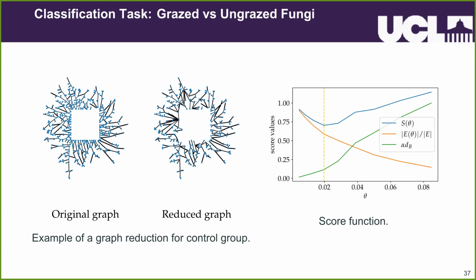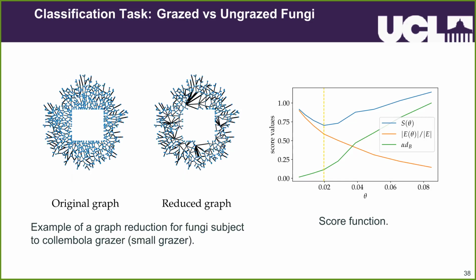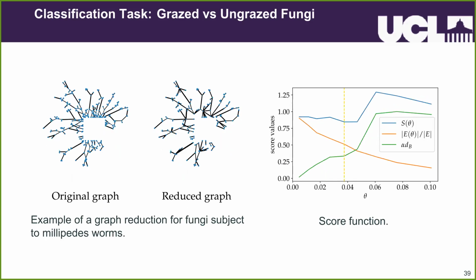We just sample in the scale some points, and then we pick the minimum. This can really be improved. Here is another example of the original graph and the reduced graph for the Cebola grazers, which are the small grazers. And here is one that has been attacked by very big grazers, okay, so big worms.